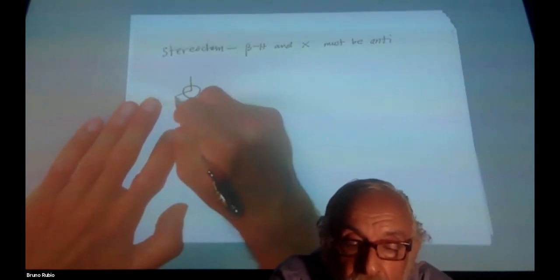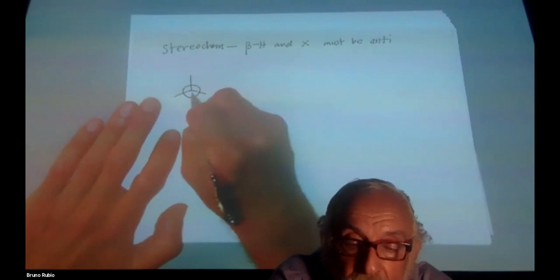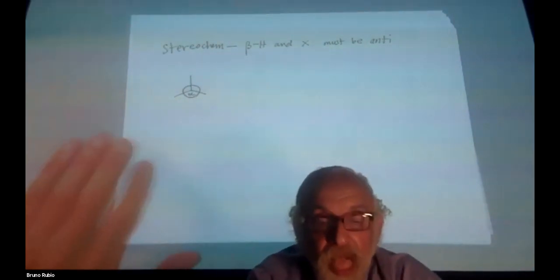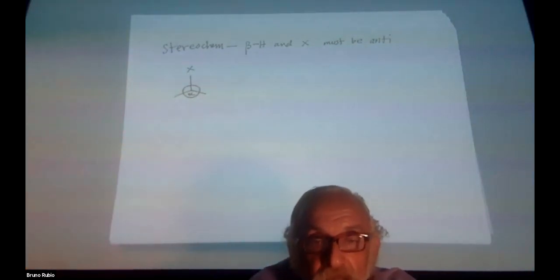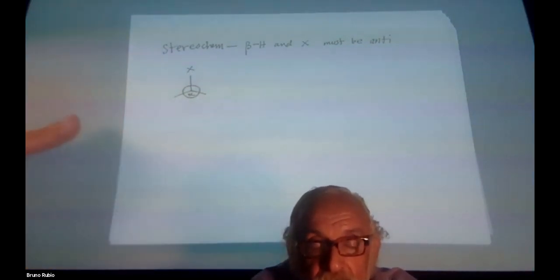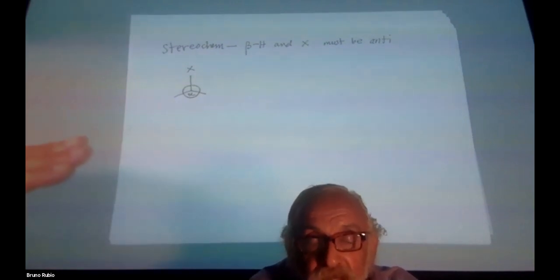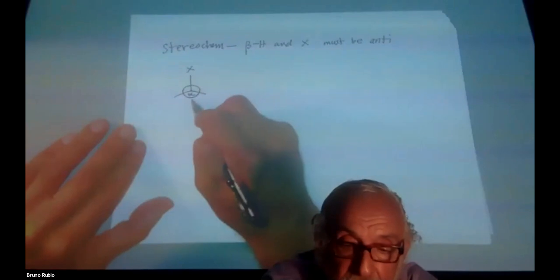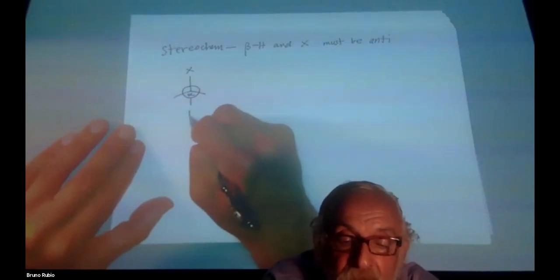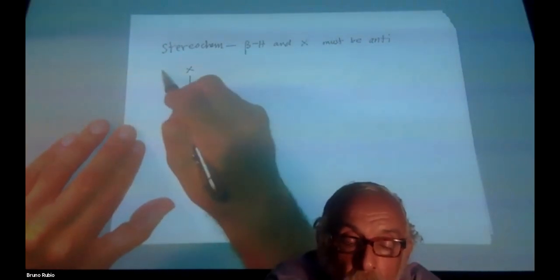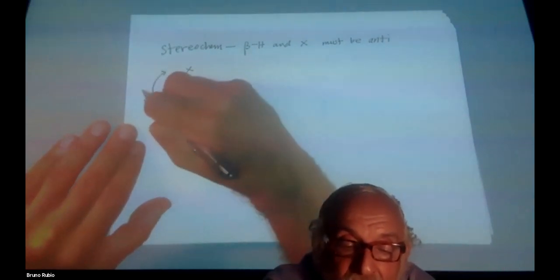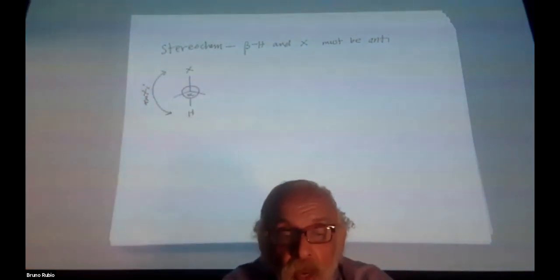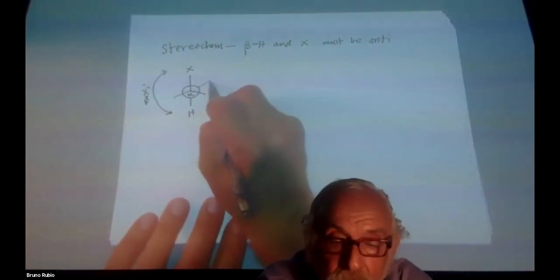Here is the alpha carbon in the front. That bears the leaving group. The beta carbon is behind the disk. It's hidden by the disk. We can't see the beta carbon, but we can see everything bonded to the beta carbon. There must be a proton on the beta carbon, and these must be anti to each other. That is what is required.